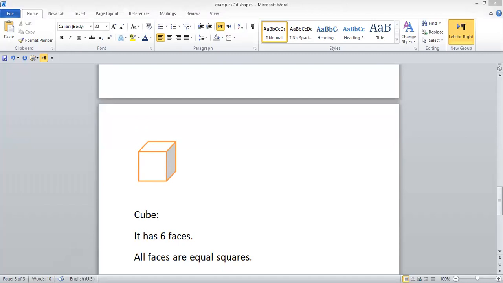12 equal edges. 12. Very good. The answer is 12 equal edges. Cube has 12 equal edges. So I'm going to write that it has 12 equal edges.